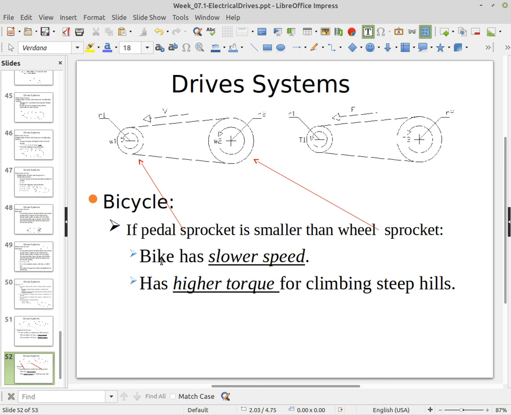If you have a 10, 12, 18 speed bicycle, when you're trying to go uphill, you shift the gears so that your driven gear is larger than the gear you're driving it with, and that slows you down so you can't go up the hill as fast, but you have that extra torque for getting up the hill.